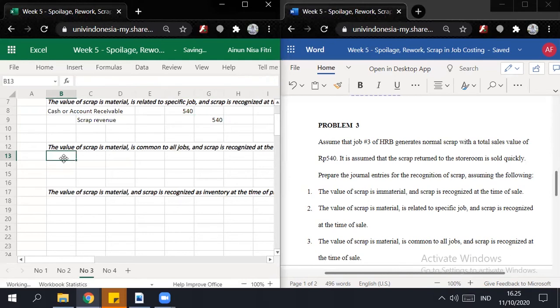And for the second scenario, the value of scrap is material, is related to a specific job, and scrap is recognized at the time of sale. So for the debit side is cash or account receivable, while for the credit side, since it is related to a specific job, therefore we have to recognize the work in process control, job number 3, and the number is still the same, 540.